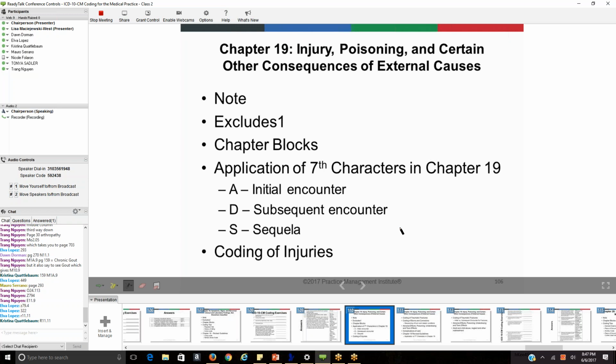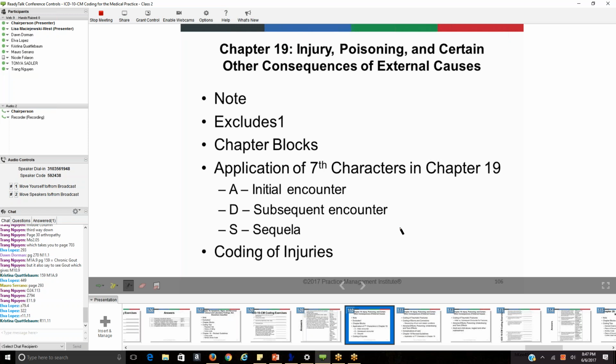If you look at page 113, you see in the middle it says 1 through 5: how the injury happened; the intent of the injury, was it unintentional, accidental, or intentional, such as suicide or assault; the place where it occurred, or place of occurrence; the activity of the patient at the time of the event; and the person's status. So when you're sequencing external cause codes, you're going to want to use this sequencing.